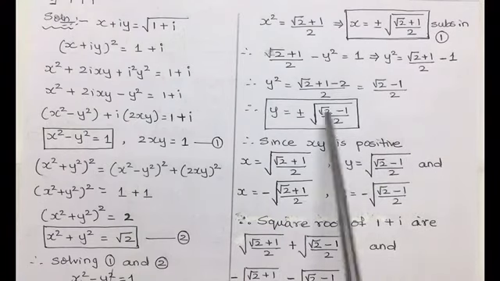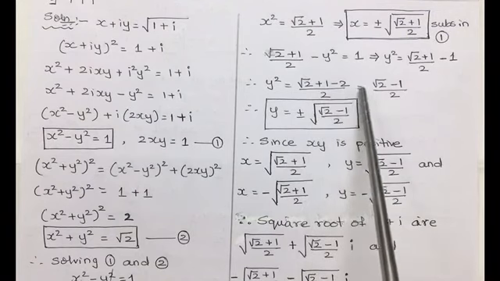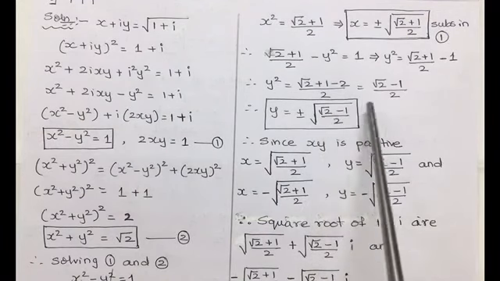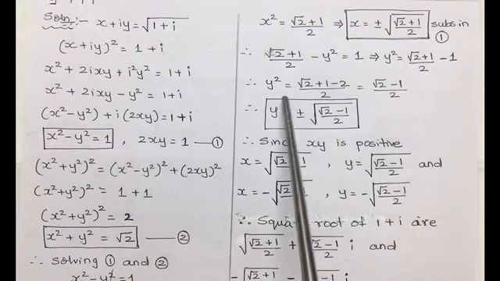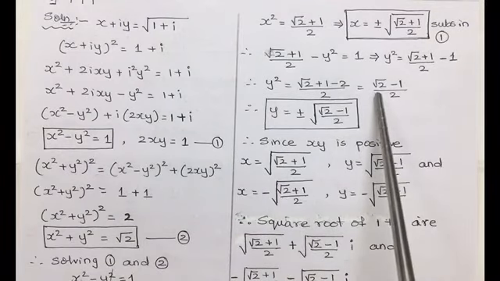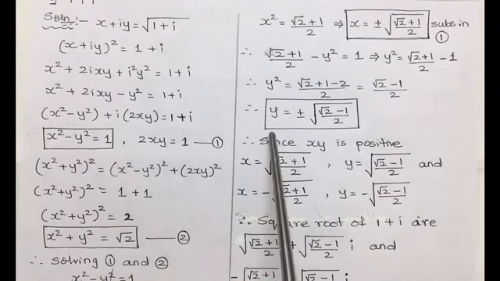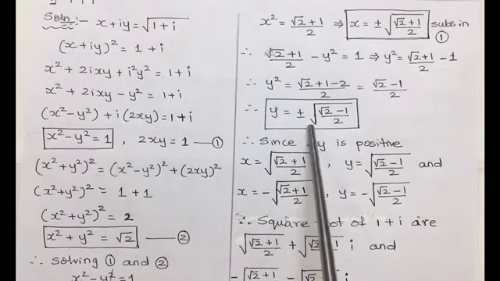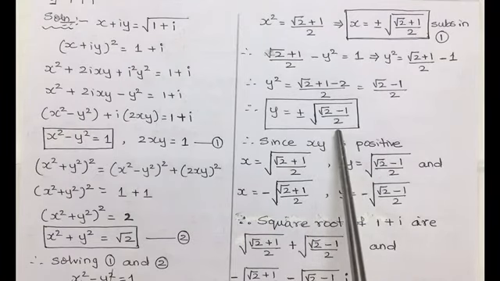Taking the LCM, y square will be equal to root 2 plus 1 minus 2 divided by 2. 1 and minus 2 gets combined to minus 1. So it becomes y square is equal to root 2 minus 1 divided by 2. And y will be equal to plus or minus root of root 2 minus 1 divided by 2.